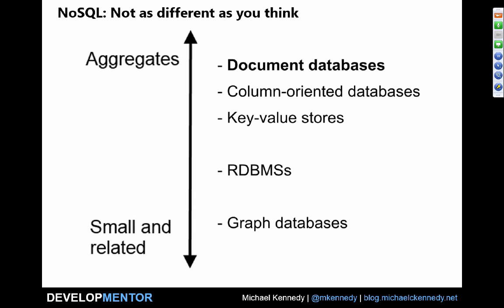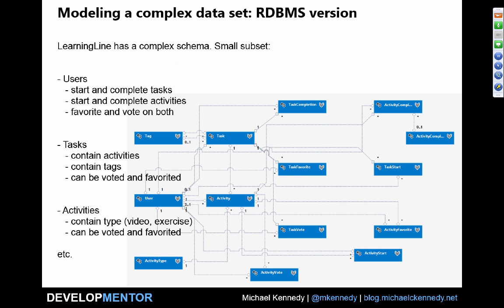The phrase that I like is, my toaster doesn't have SQL in it, but that doesn't make it a NoSQL toaster, right? It just means it doesn't use SQL, right? If you think about the original mission of this whole NoSQL stuff, these three fall well into it, and the others typically don't. Okay, so let's think about modeling something here originally with a relational database, and then with a NoSQL database.